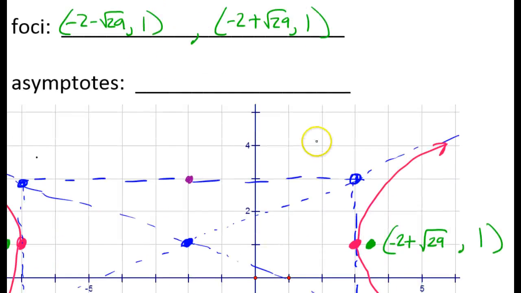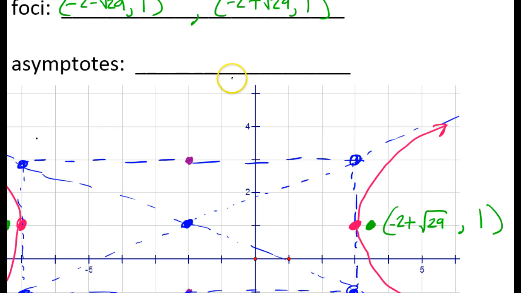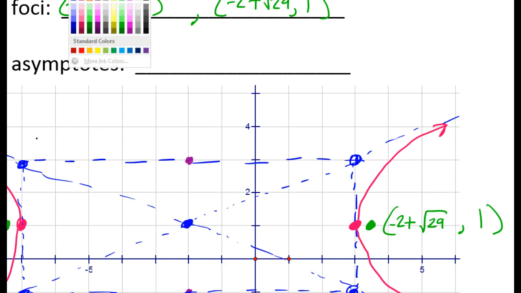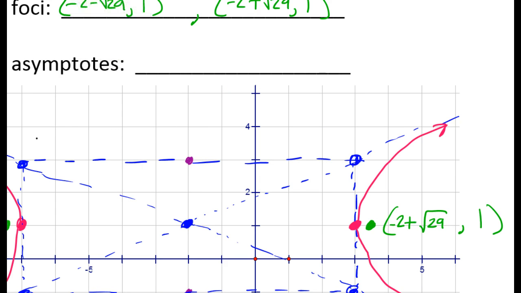All right, finally, let's state the equation of the asymptotes. You can always use point slope form to find both equations of the asymptotes. What I mean is we can just do y minus k is equal to plus or minus m times x minus h.